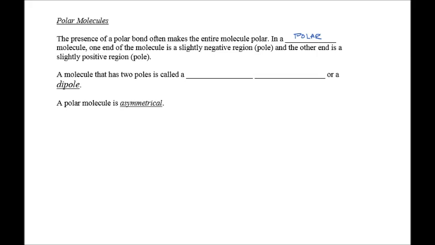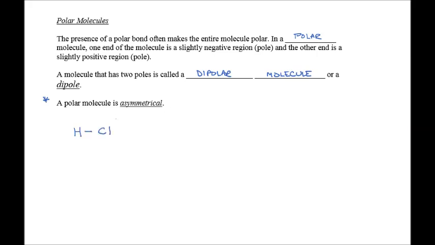A molecule that has two poles we call a dipolar molecule, or simply a dipole. A polar molecule is asymmetrical, so it looks different. And to do this, we usually draw crosshairs.